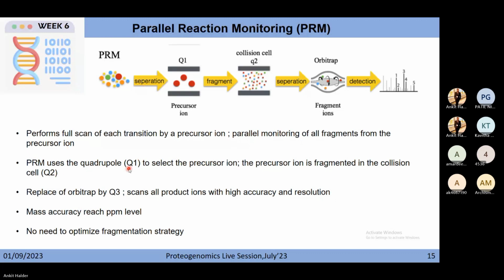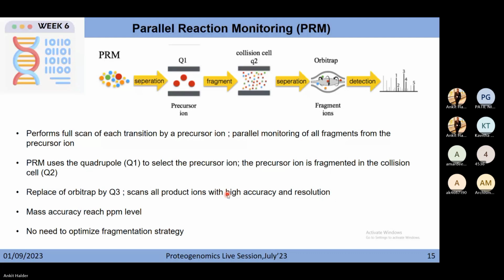It uses the quadrupole to select the precursor ion, and the precursor ion is fragmented in the collision cell, that is Q2. Then, in place of Q3, there is the Orbitrap. Where selected reaction monitoring uses a quadrupole, here you get the Orbitrap. It scans all your product ions with high accuracy and resolution.